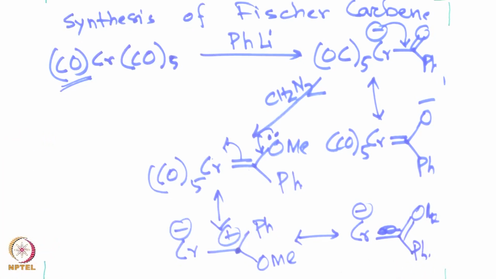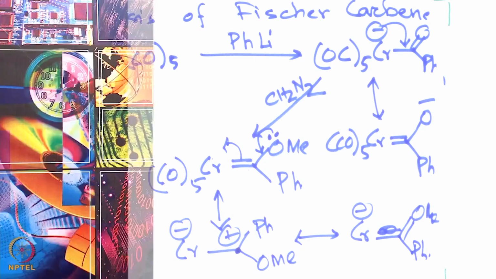Okay. So, in this synthesis, what we have done is simply take the hexacarbonyl chromium complex and react it with the organolithium reagent, PhLi in this particular case. Now, this organolithium reagent has reacted with one of the carbon monoxide centers to give rise to an intermediate, from which you can react with diazomethane to get your Fischer carbene species.